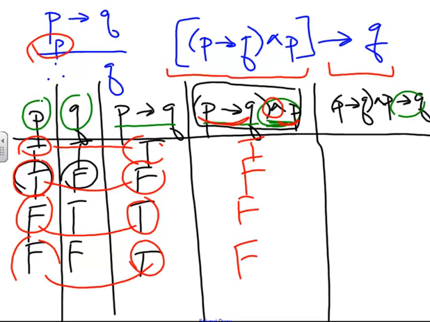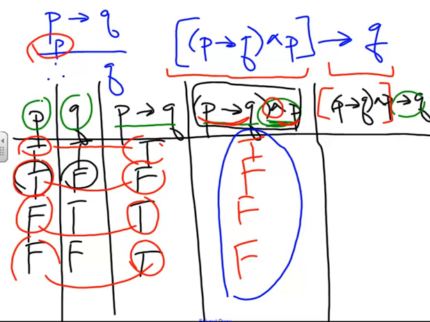But let's look at this last part. And really, I need to put the brackets here, because remember, we have a certain order we have to follow, and all of this has to be true before we conclude that Q is true. So we look at the if P then Q and P column, which we just did, and we look at the Q column, which is here. And this is a conditional.